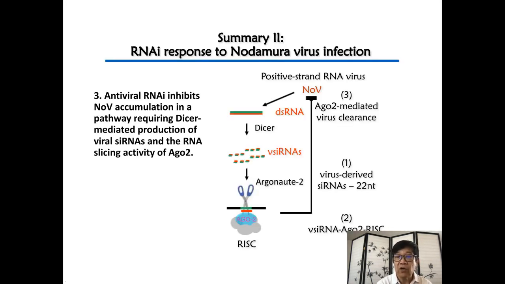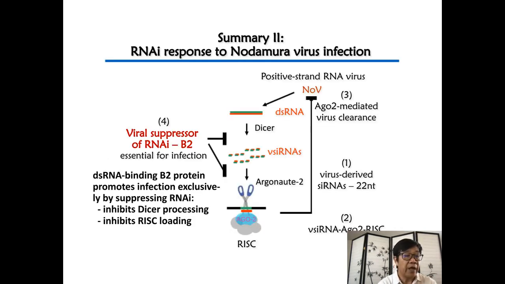And we show inhibition of RNA virus accumulation by antiviral RNAi in a pathway requiring both dicer-mediated production of viral siRNA and RNA slicing activity of ARGO2.